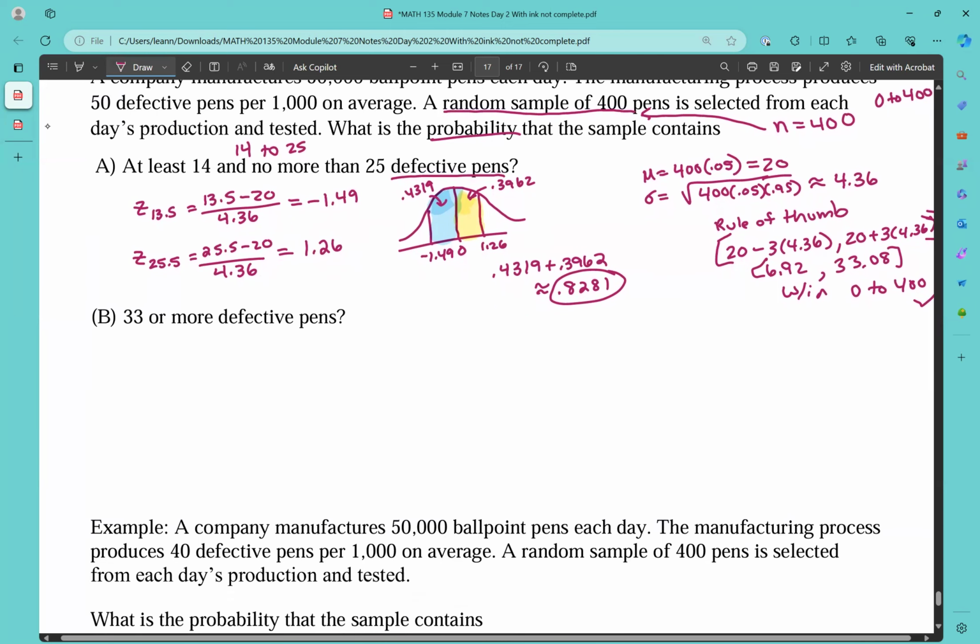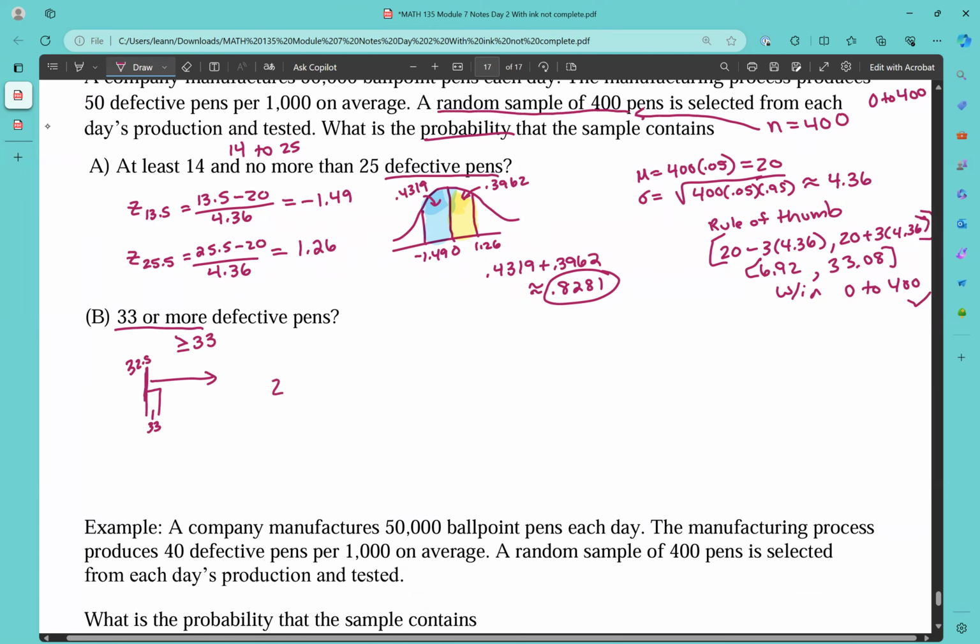All right, what about 33 or more defective pins? Okay, so this time they are including, because they said 33 or more. So greater than or equal to 33. Again, think about where that 33 bar is. You're actually including 33 this time, so we need to shade 33 and everything above it. So we are going to step down to 32.5. We want to make sure we include the whole bar of 33.